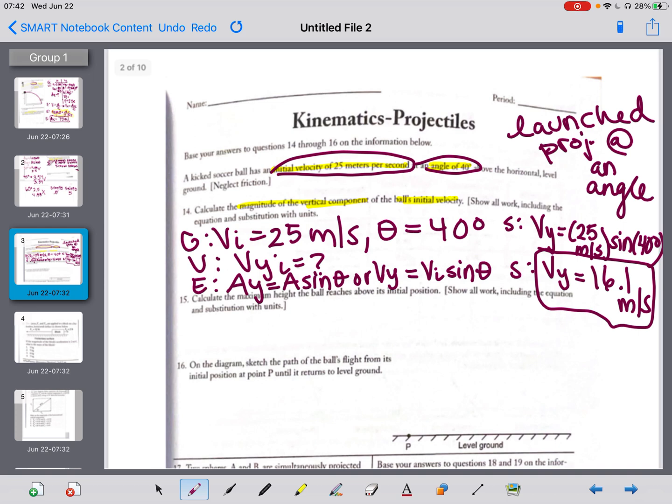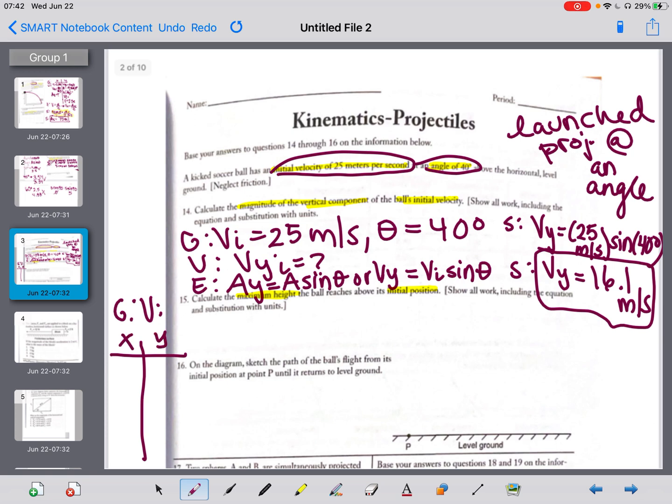Number 15. Calculate the maximum height the bullet reaches above its initial position. Okay? I know we don't really have a lot of space here, so I'm kind of squeezing it in over here. If you remember, we used an XY T-chart.